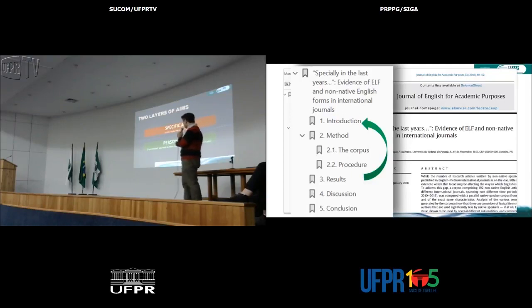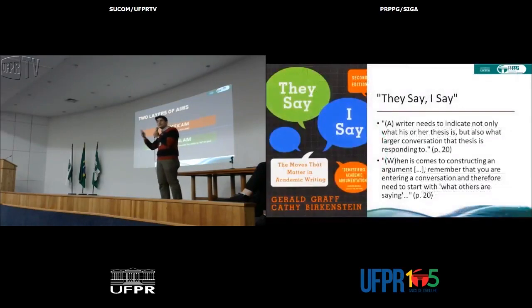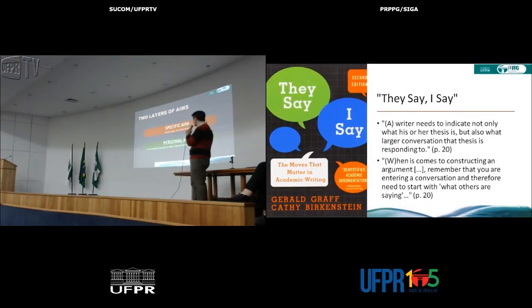An example of a personal aim is, first of all, what is the conversation that you want to enter? What is the area? What is the debate? What is the part of the conversation that you yourself want to be noticed in, that you want to be associated with, that you are responding to? And that's a personal aim. Another personal aim is, what do you want the article to do for you?